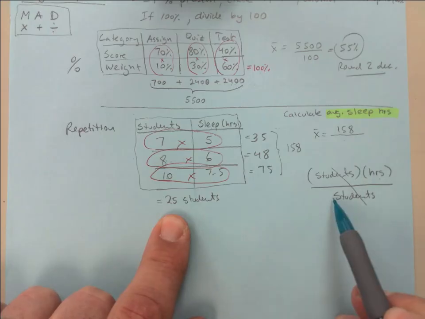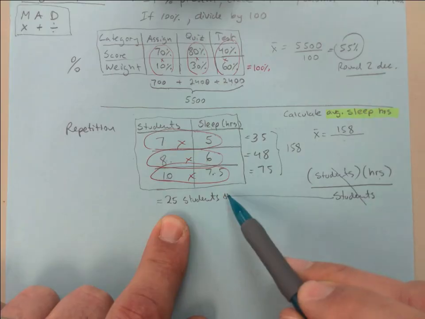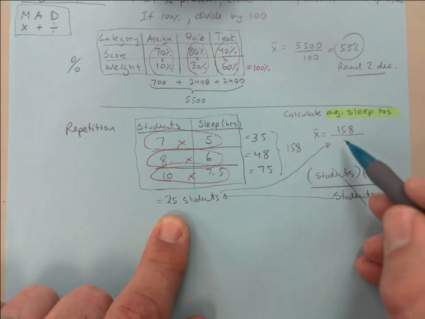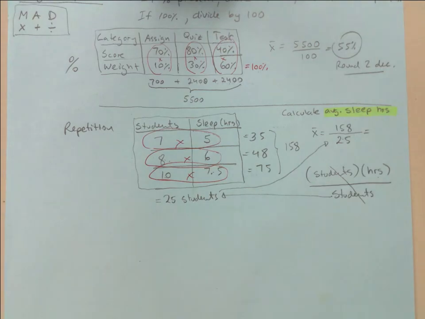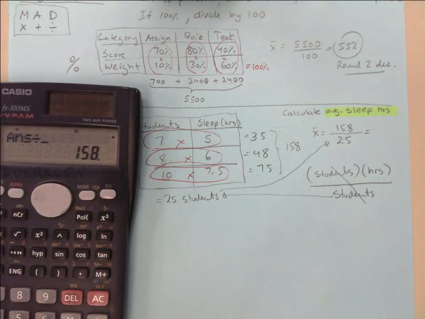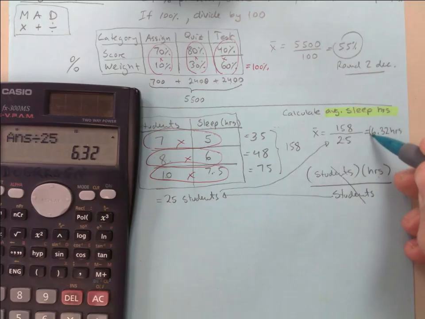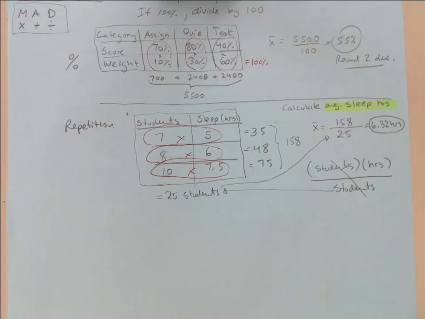Okay, so this tells you, get your students, and then from there, oh my goodness, this is messy. Probably not the best, so maybe I'm showing you what not to do, right? Divided by 25, so it's 6.32 hours is the average sleep.